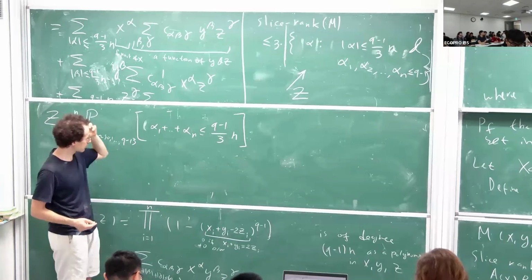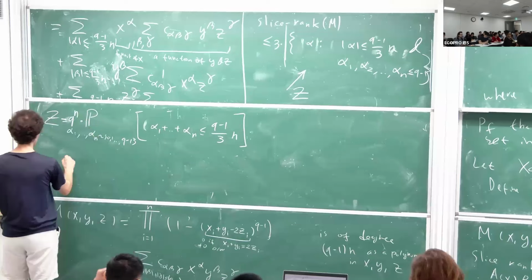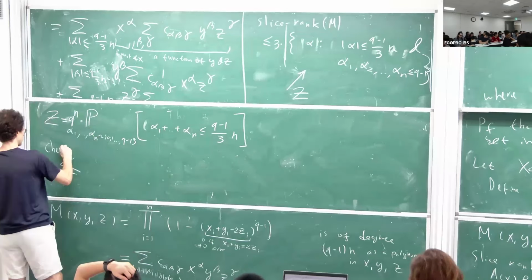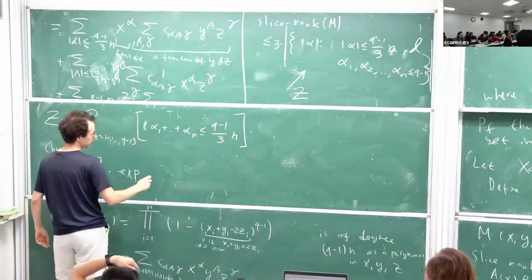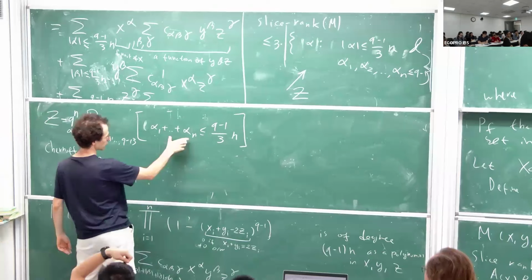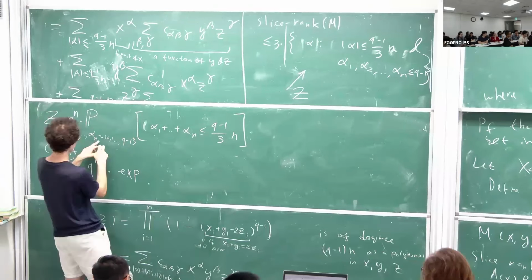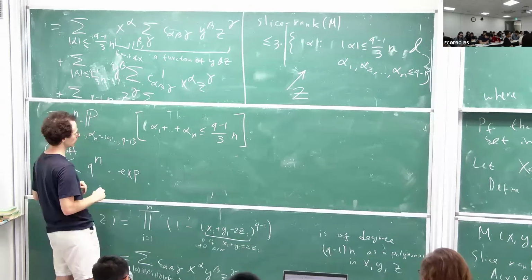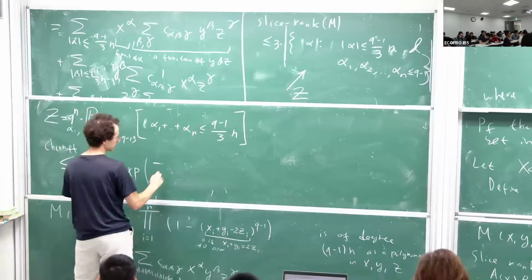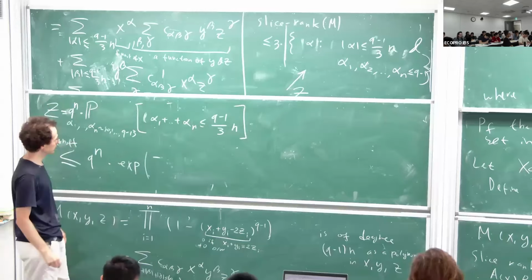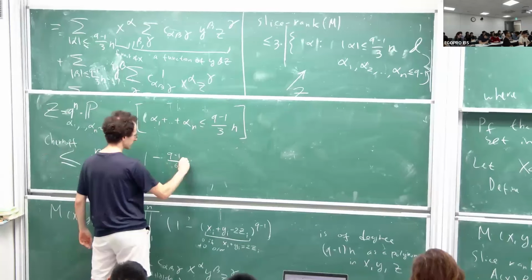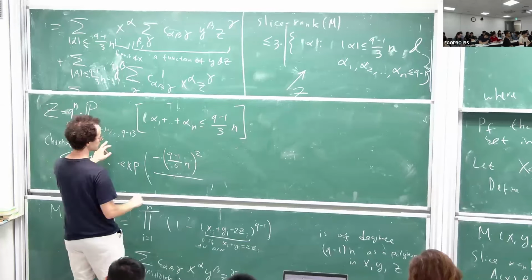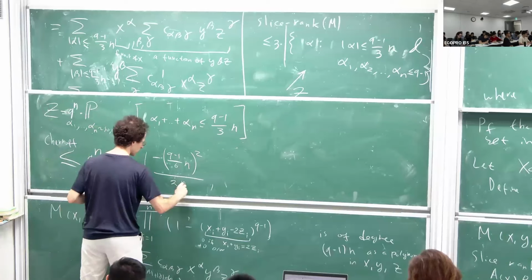Okay, so Chernoff tells us that this is at most q to the n. The mean of this random variable is q minus 1 over 2, because it's uniform between 0 and q minus 1. So it deviates from the expectation by q minus 1 over 6 times n. We are squaring that and dividing by 2 times n.